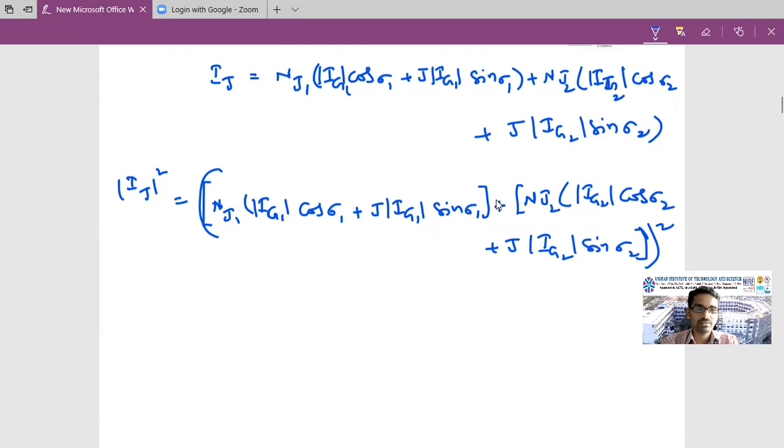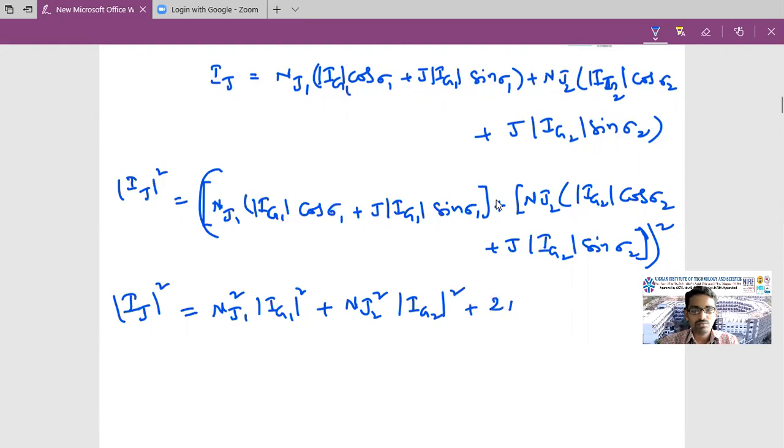as, if you solve this equation, you are going to get Ij square, which is equal to nj1 square magnitude of Ig1 square plus nj2 square magnitude of Ig2 square plus 2 nj1 nj2 magnitude of Ig1 magnitude of Ig2 cos of sigma 1 minus sigma 2.